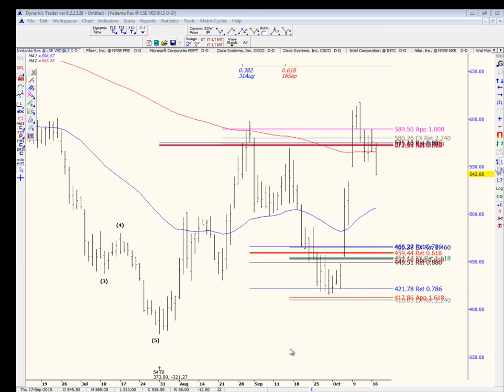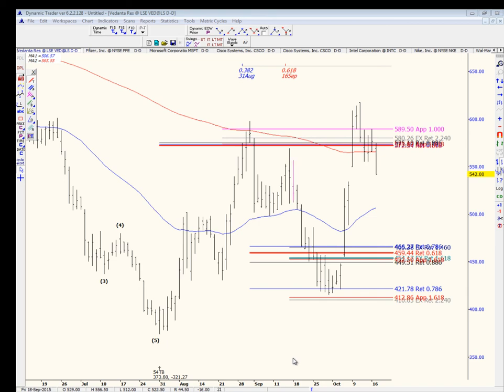Okay, so in a scenario where we had taken 50% from the identified cluster zone and then moved our stop to break even, if in the event we had been stopped out, we would simply employ the same strategy we employed when we identified the cluster zone in the first place.